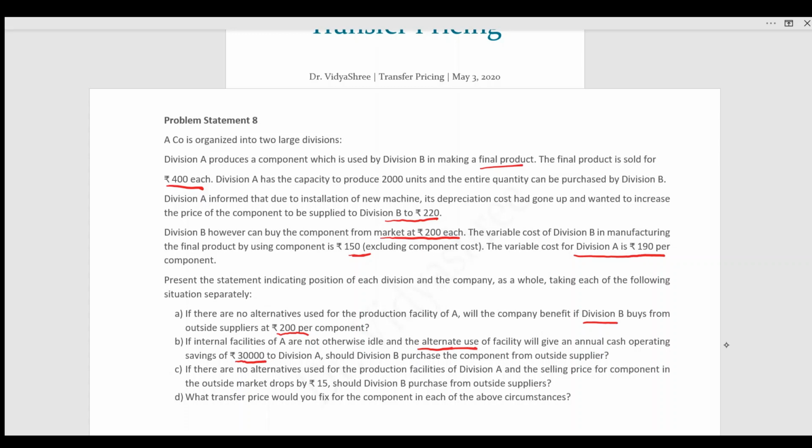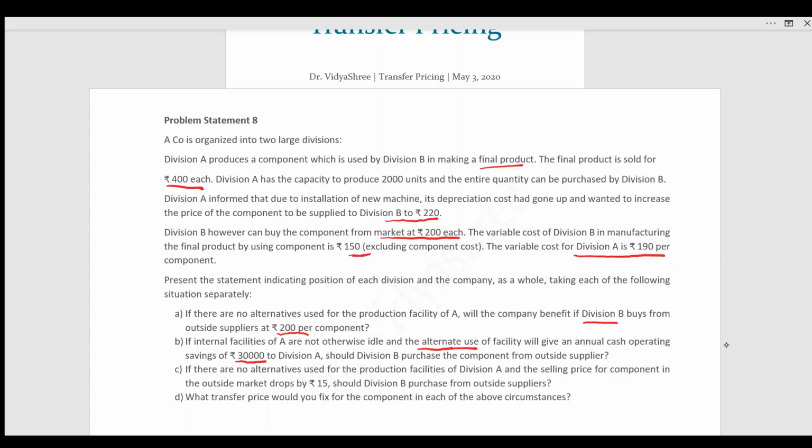If there are no alternative uses for the production facilities of division A, and the selling price for the component in the outside market drops by rupees 15, should division B purchase from the outside supplier?